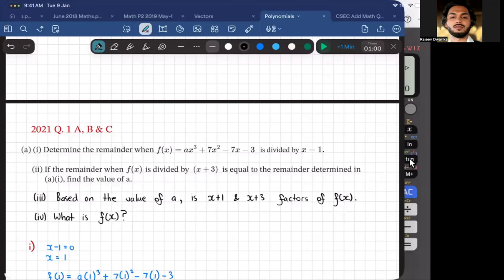Or would it be ax cubed plus 7x squared minus 7x minus 3? You're halfway there. Oh, 3x squared, 3x cubed minus. Yes. Right.